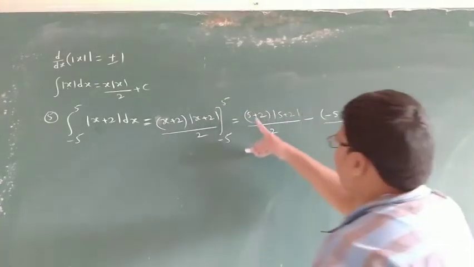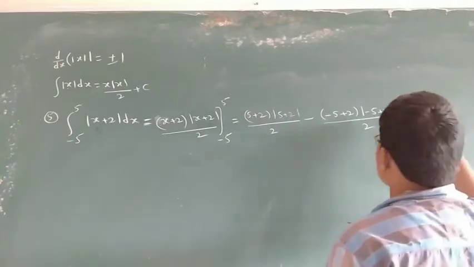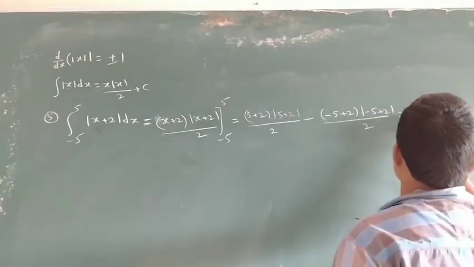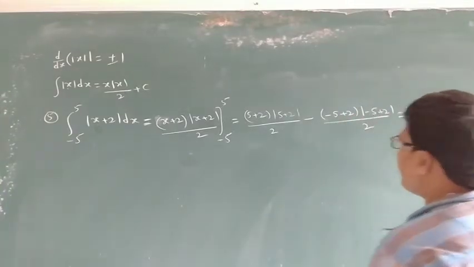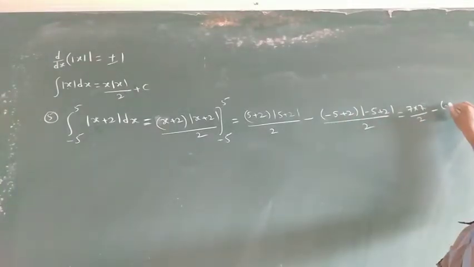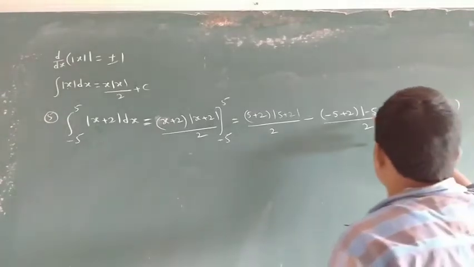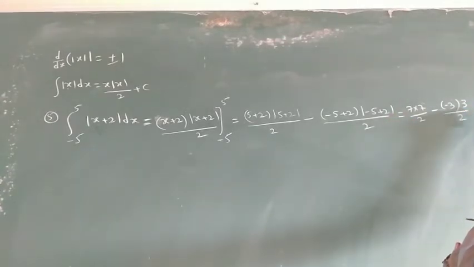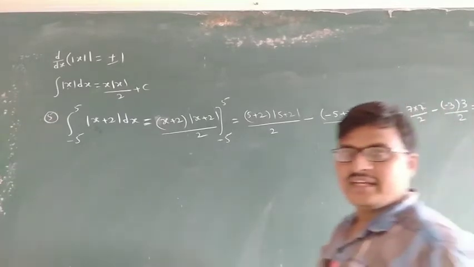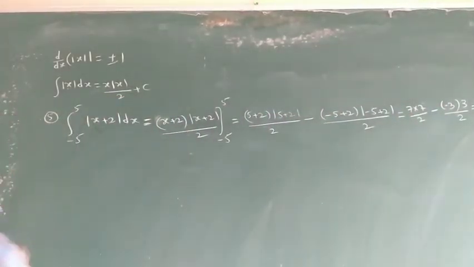What is the answer? 5 plus 2 is 7, mod of 7 equals 7, so 7 into 7 by 2. Minus 5 plus 2 is equal to minus 3, mod of minus 3 is 3, so 49 by 2 plus 9 by 2. That is 58 by 2, so the value is 29.